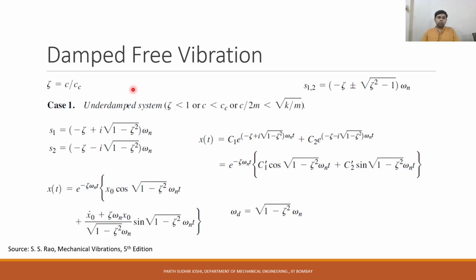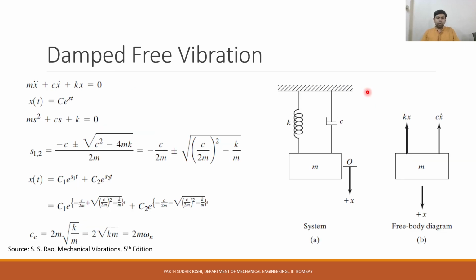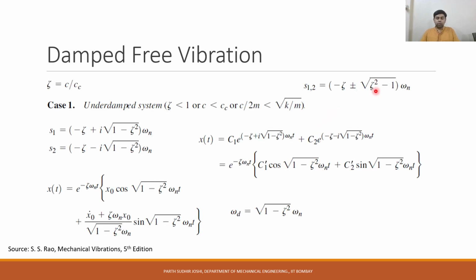So the first case is when the expression under the root is negative, then we get this condition. So before that, we basically define a quantity called damping ratio, which is the ratio of the damping present in the system to the critical damping. So we can write down the solution.